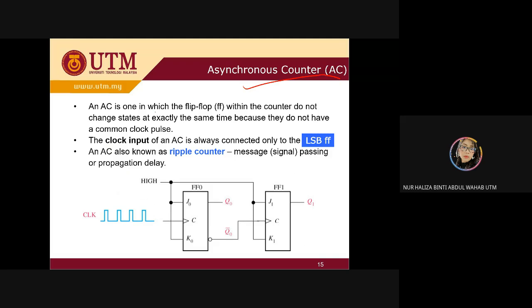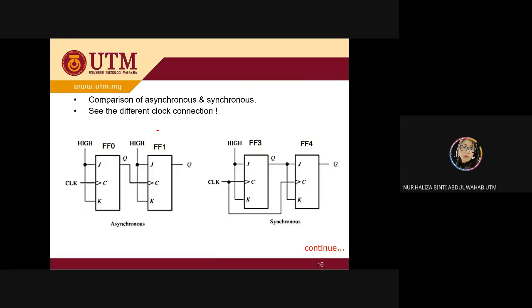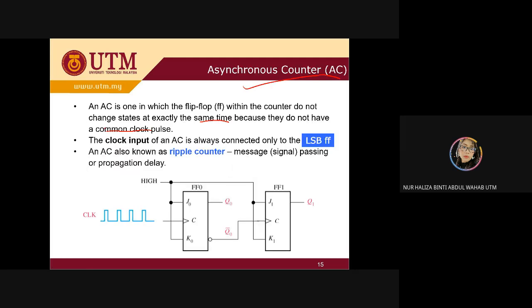AC is one in which the flip-flops within the counter do not change state at exactly the same time, because they do not have a common clock pulse. The clock input of AC is always connected only to the LSB.